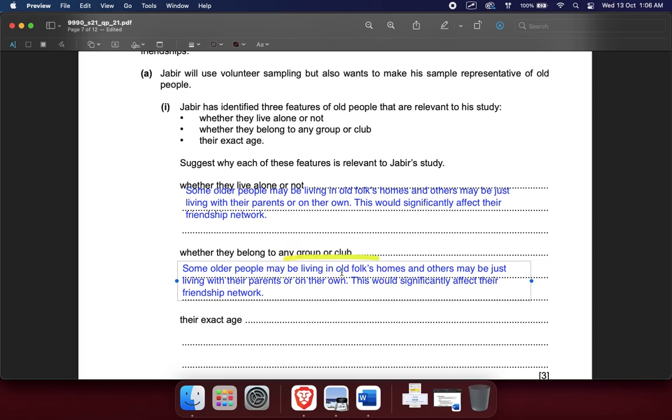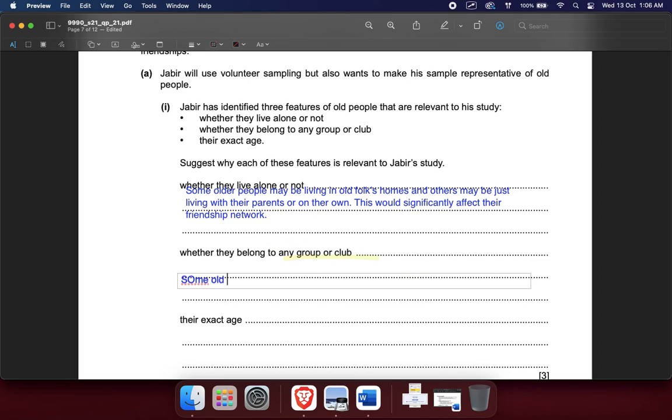Whether they belong to a group or club, right? So some older people belong to social groups, right? For example, sports societies, religious societies. So some older people belong to social groups, sports societies, and others do not.